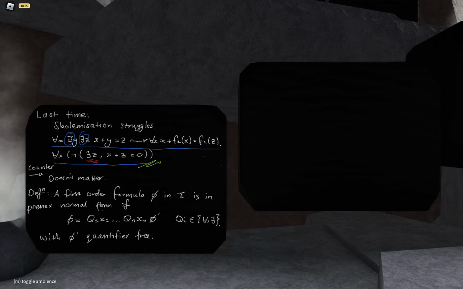Okay, and the proposition which I'm going to use is that every first order formula has an associated Prenex normal form, which is equivalent in quite a strong sense.